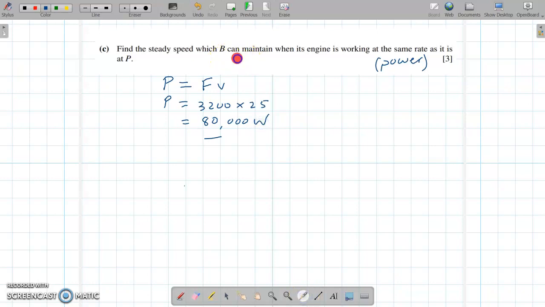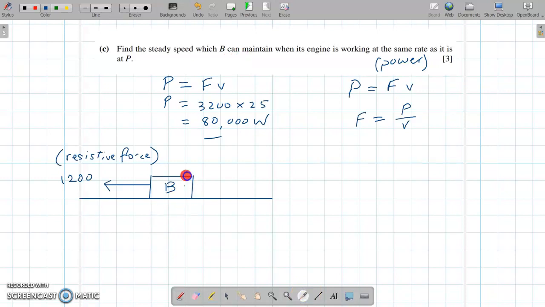Okay, when it says can, possible. So at 80,000 watts, what is the highest possible speed it can maintain? So it's absolute maximum, and it will just stay at that maximum, unless it exerts more power. It could be that this is the maximum power. So if the maximum power is 80,000 watts, what's the maximum speed?